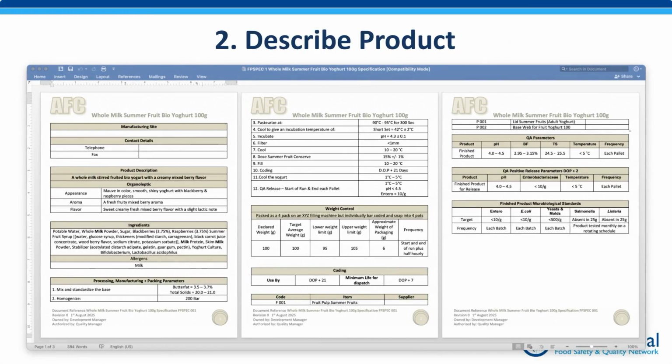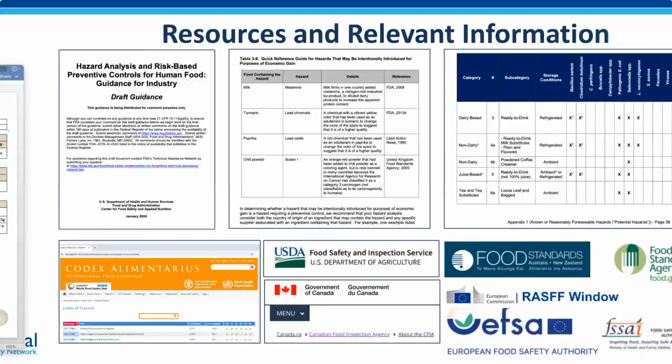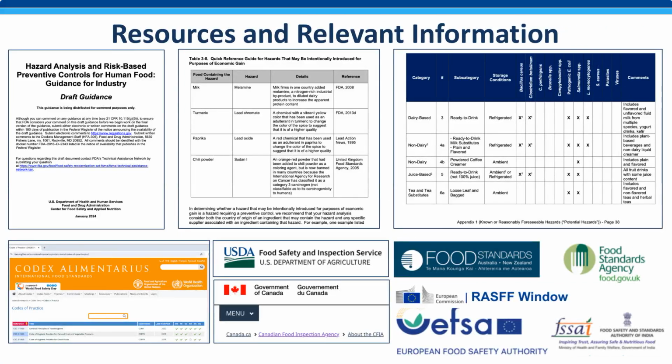And as well as a product description, really we should have a full finished product specification for the HACCP team to refer to. Okay, resources and supporting information are important.